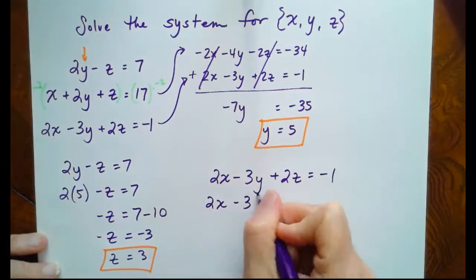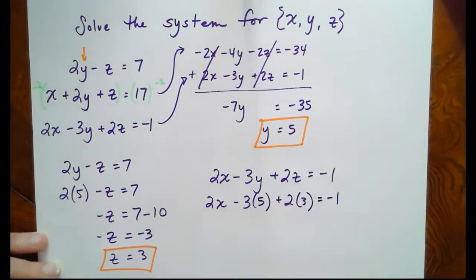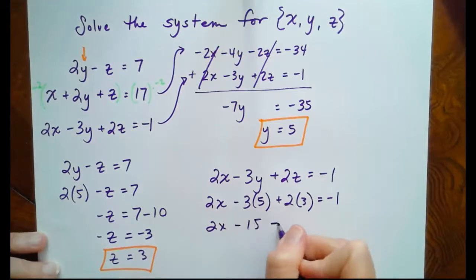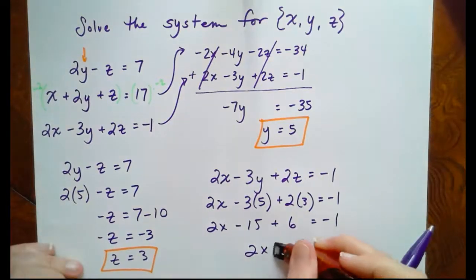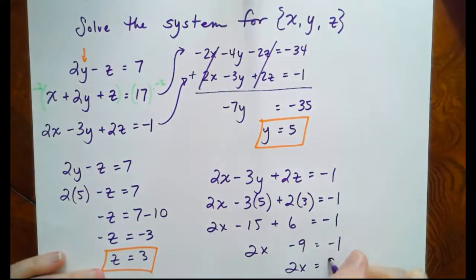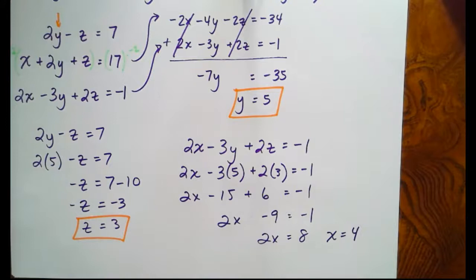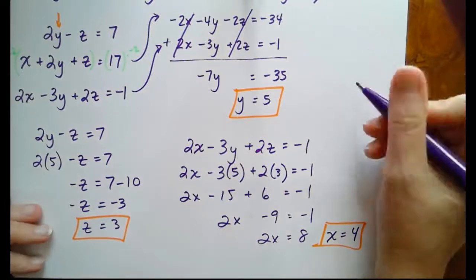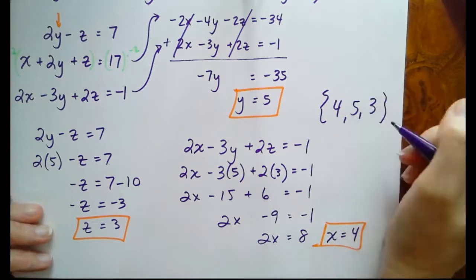So 2x minus 3 times 5 plus 2 times 3 equals negative 1. 2x minus 15 plus 6 equals negative 1. 2x minus 9 equals negative 1. 2x equals 8. X is 4. There's our x, there's our y, there's our z. Our solution for our system is 4, 5, and 3.